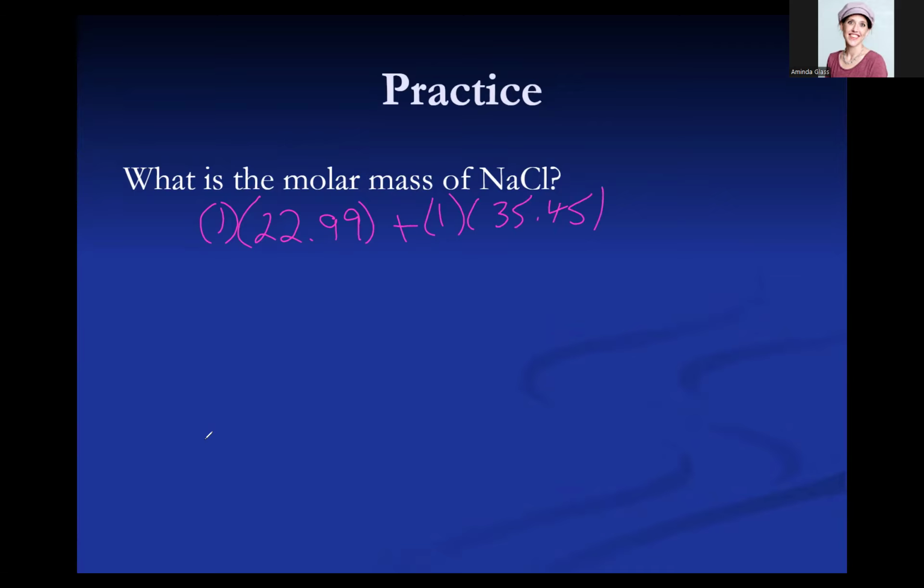Let's do the math. 1 times 22.99 plus 1 times 35.45. And that gives me 58.44 grams per mole. So 1 mole of sodium chloride is 58.44 grams.